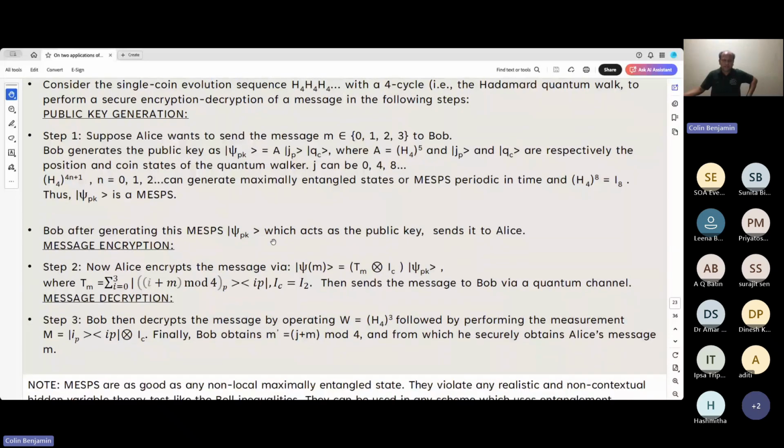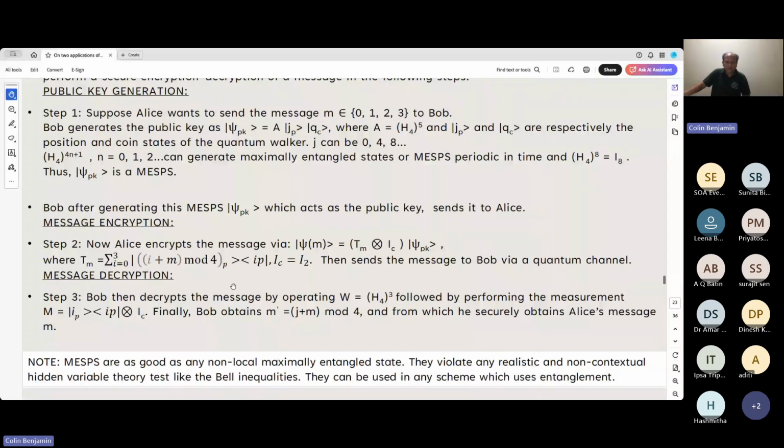And after generating this maximally entangled state, which acts as a public key, he sends it to Alice, and Alice now encrypts this message by using this shift operator, and then sends the message back to Bob via quantum channel, and then Bob decrypts the message by operating the rest of the Hadamard gates, and then gets the identity.